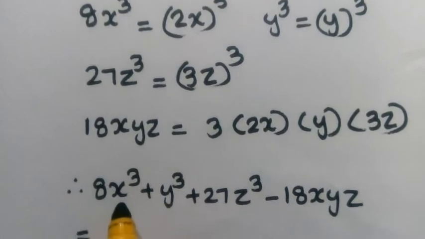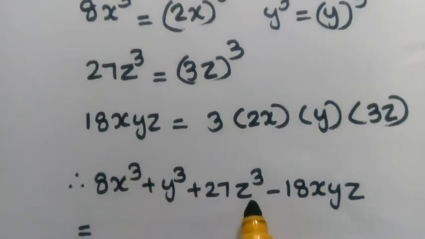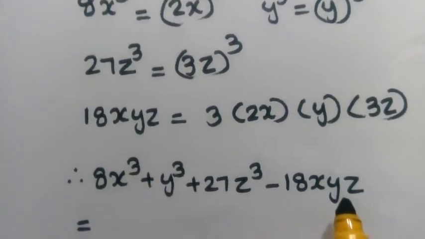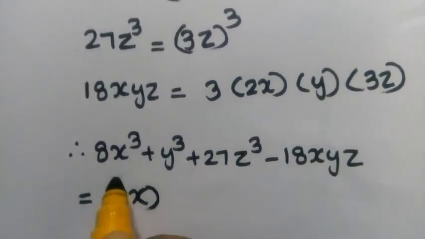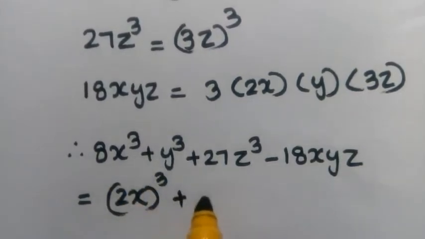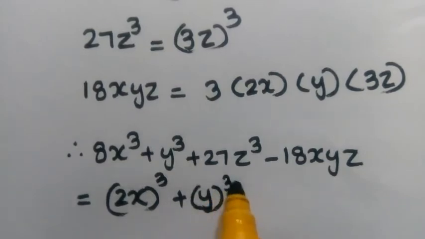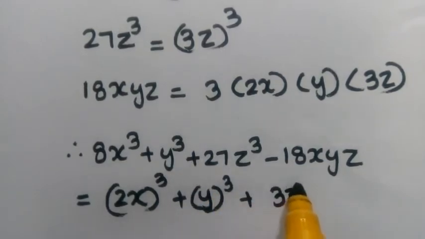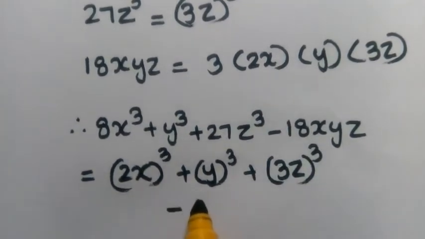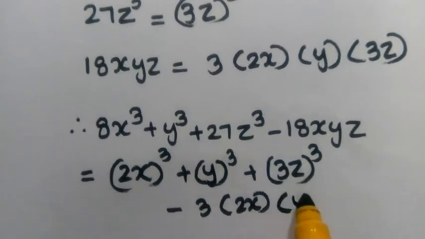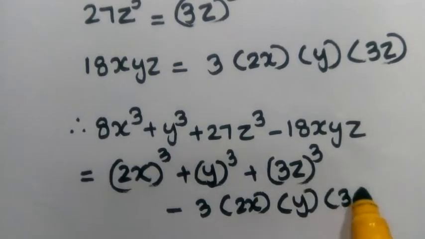Therefore, 8x cube plus y cube plus 27z cube minus 18xyz is equal to 2x whole cube plus y whole cube plus 3z whole cube minus 3 into 2x into y into 3z.